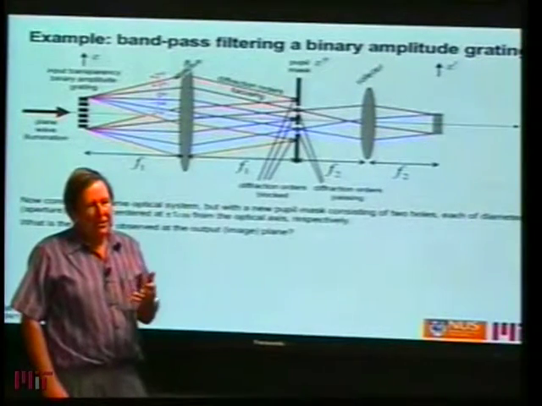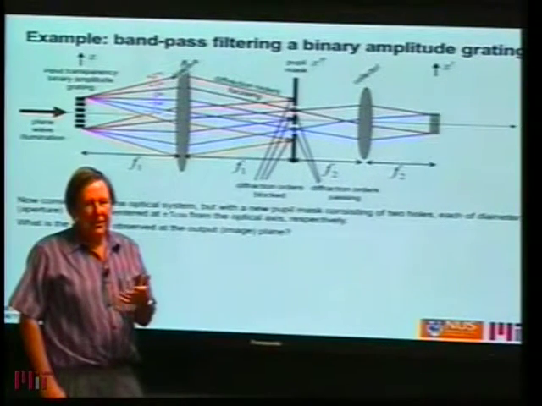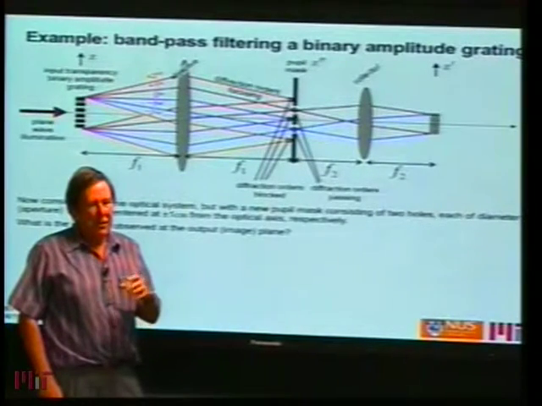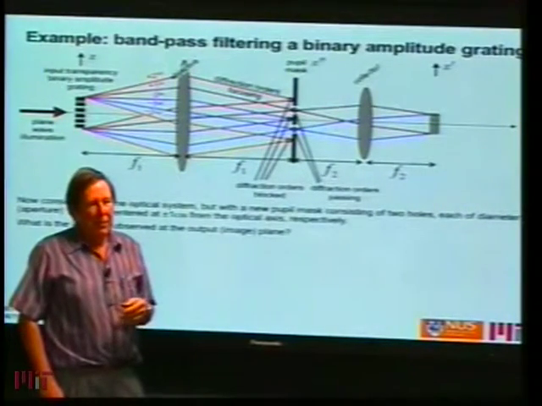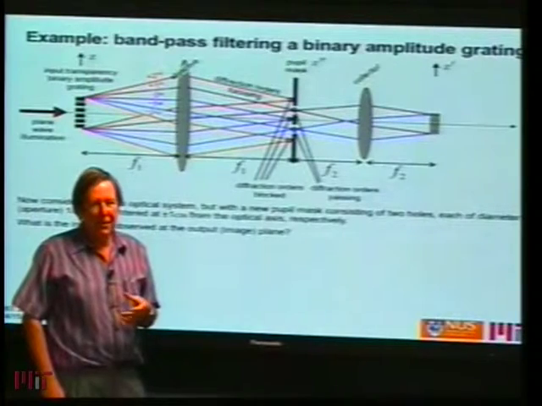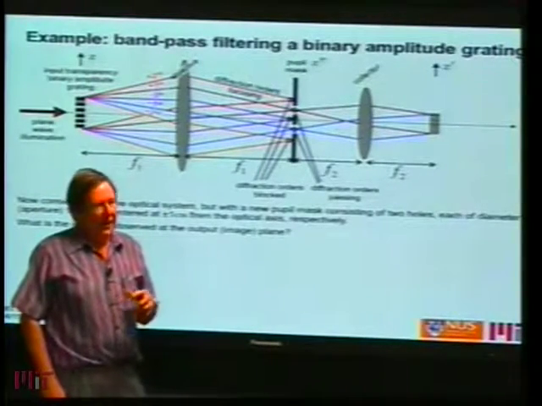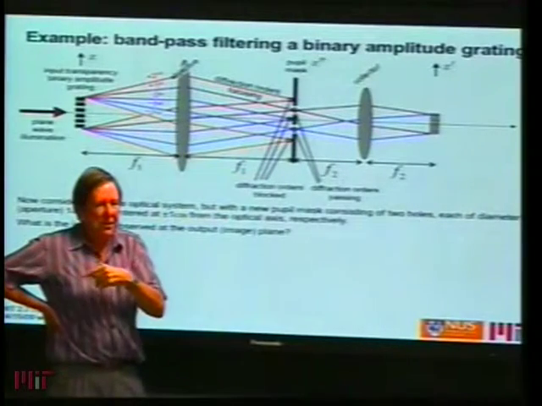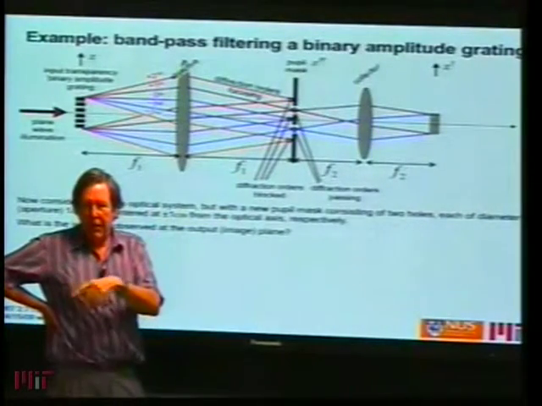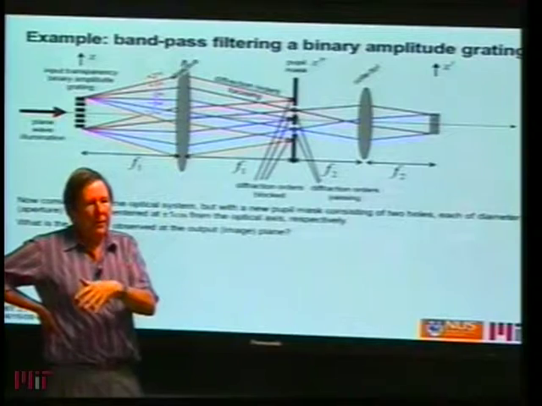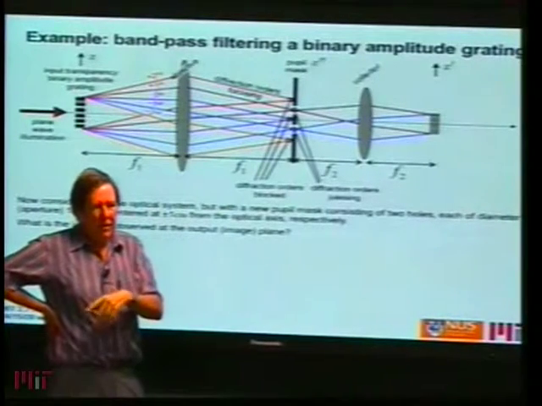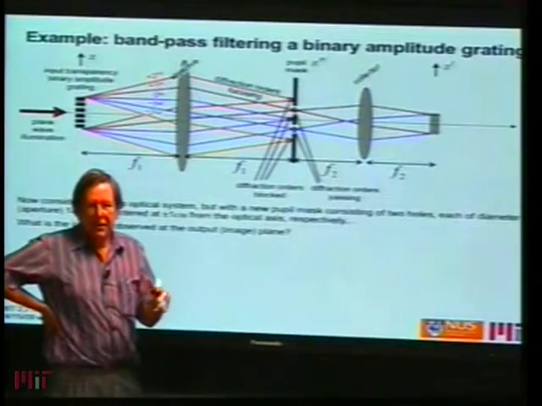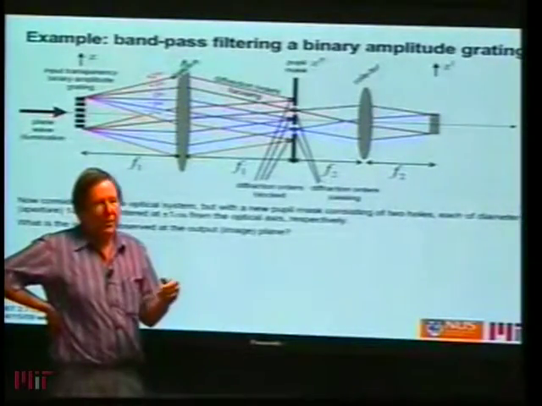I guess Abbe's criterion, Abbe's rule, is all to do with the resolution of an optical system, the smallest detail you can see. But it doesn't necessarily mean that you're going to get a good image. And changing the relative strengths, we're going to see this in lots of examples now. I guess the whole of the rest of this lecture will be about more examples of stopping beams and changing beams and seeing what it does to the pattern.